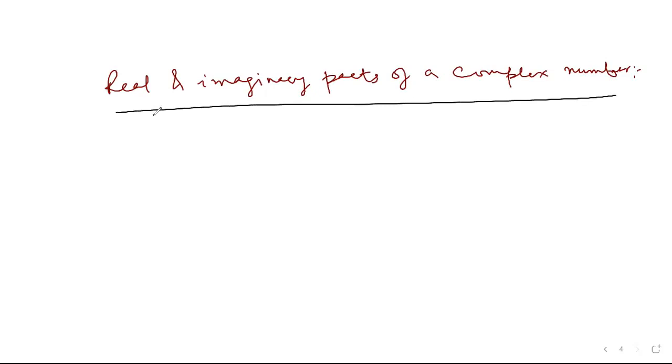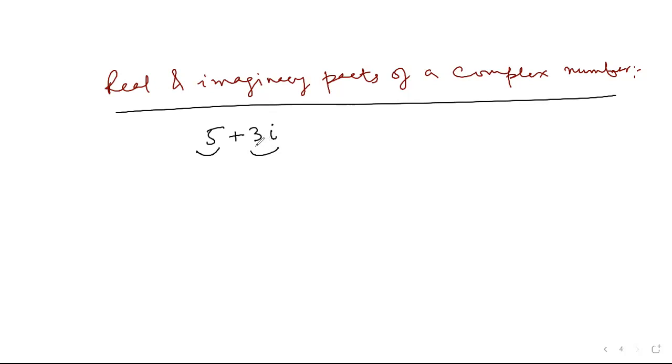Let me underline it. Real and imaginary parts of a complex number. Now, a complex number such as 5 plus 3 iota is the sum of two terms. 5 is one term, 3 iota is another term.